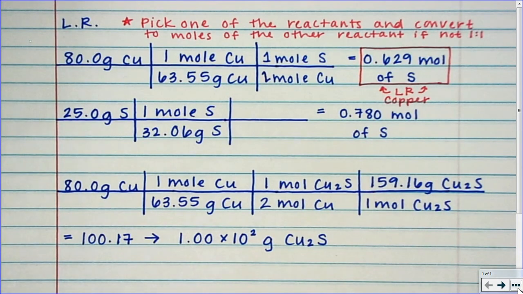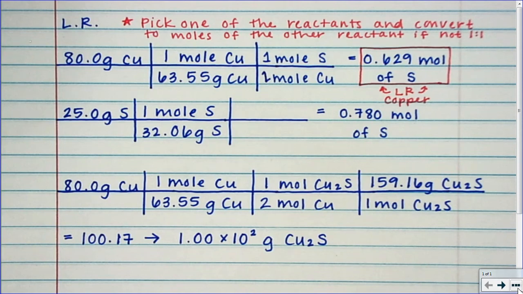So here at the very bottom of your screen, you can see that I started with the copper to start my problem. And I, in my problem, wanted to get to copper sulfide. And so if you need to, go back and you can reread through the directions of this problem. But we did want to convert to copper sulfide and figure out how much we could get from this reaction.